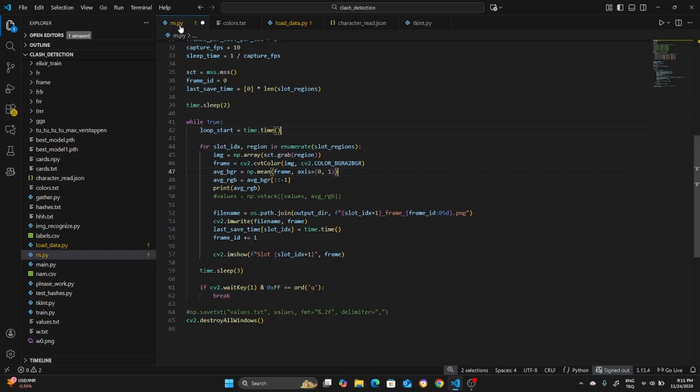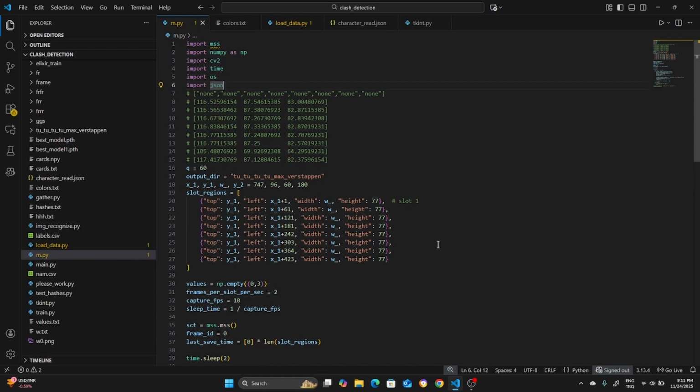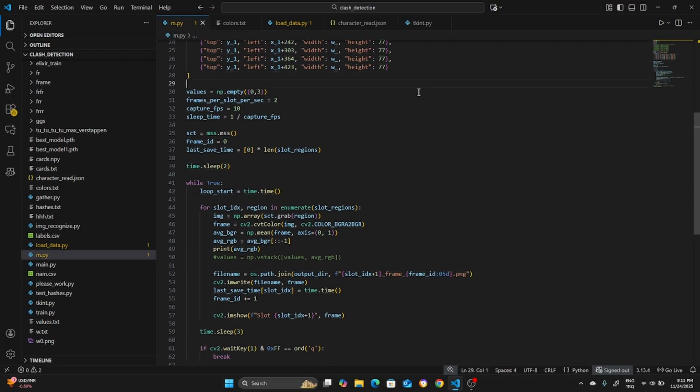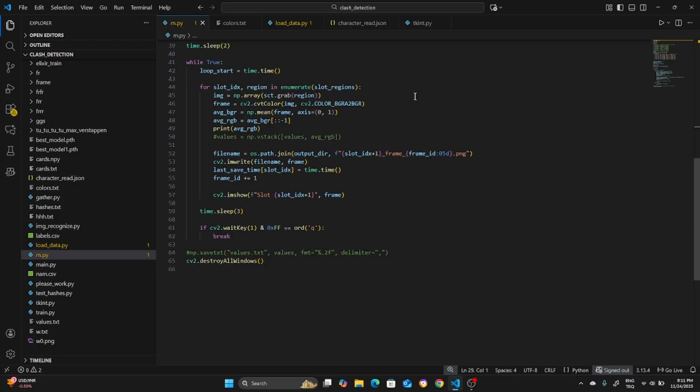And this m.py is where I gathered those values. Remember I said we gathered values of the brown area, right? That area consists of RGB values, and this is where I gather those RGB values.